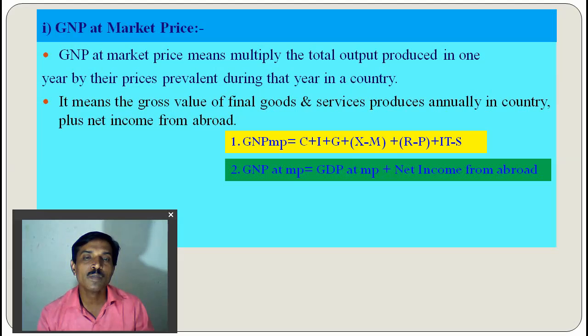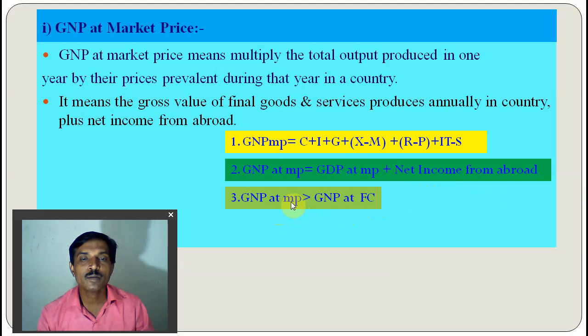So GNP at market price is equal to GDP at market price plus net income from abroad. So the first equation: GNP is equal to C plus I plus G plus X minus M plus R minus P plus IT minus S, where S means subsidy. Next, GNP at market price is equal to GDP at market price plus net income from abroad.